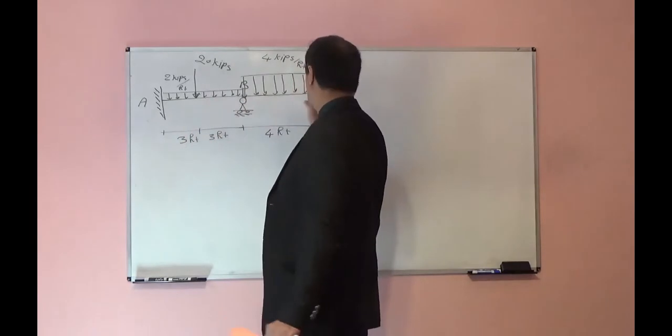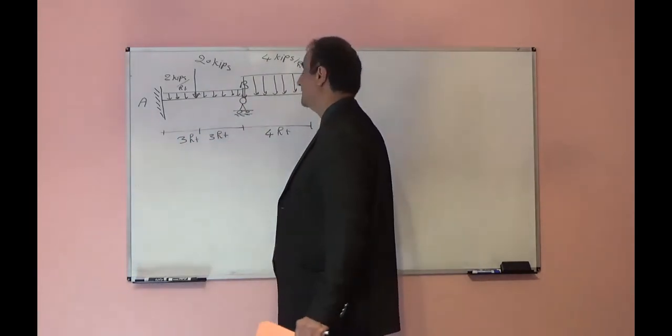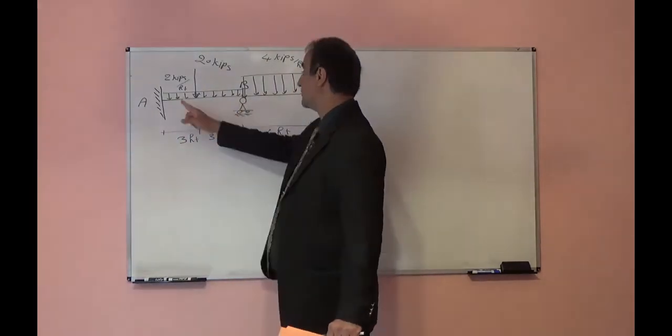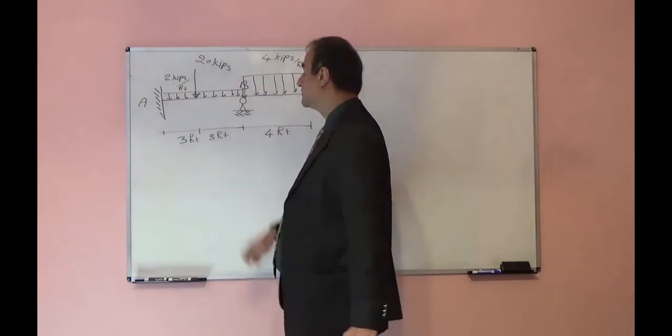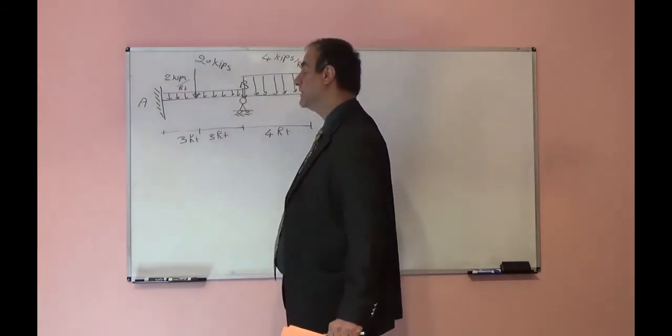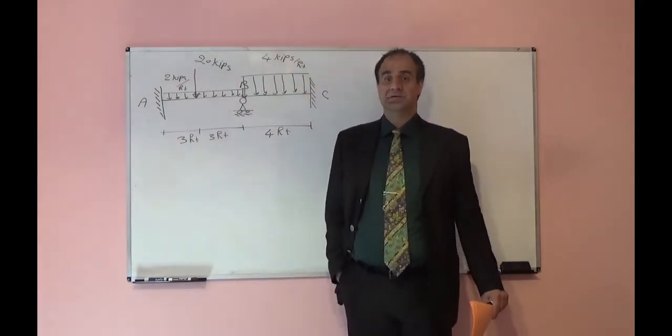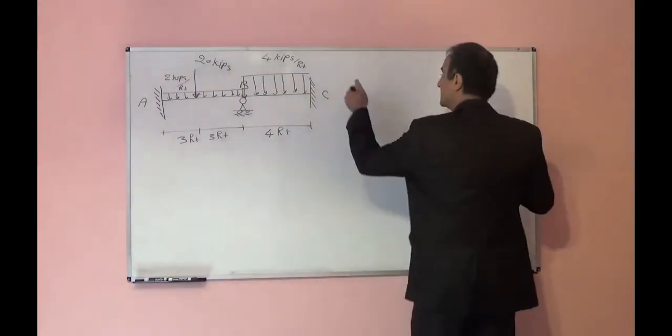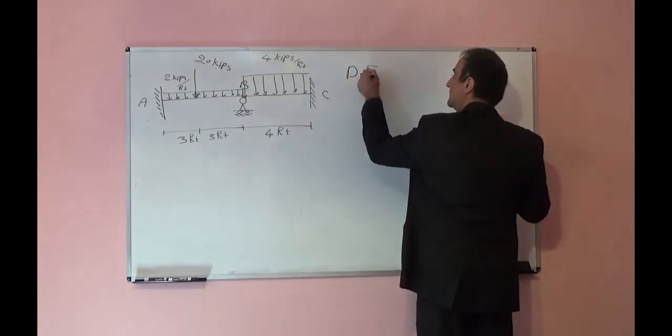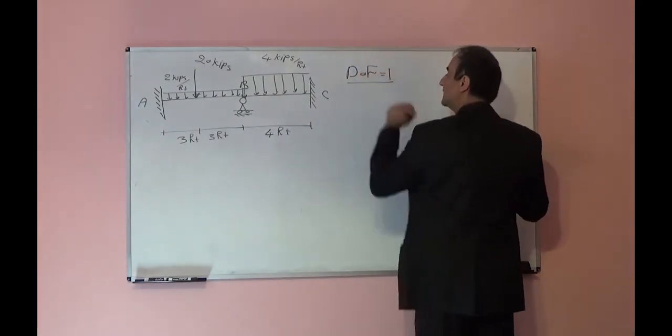If we convert all these supports or nodes to pure hinges, there is no lateral deformation. So the translational degree of freedom is equal to 0. Altogether, the degree of freedom for this system is only 1.